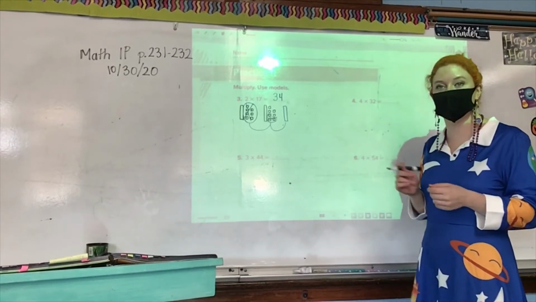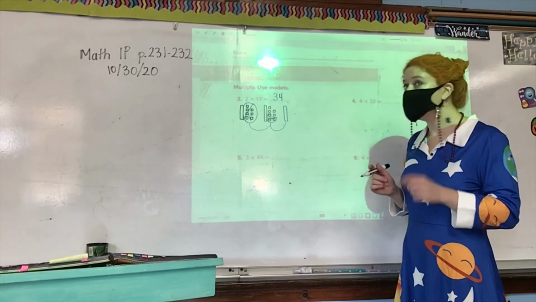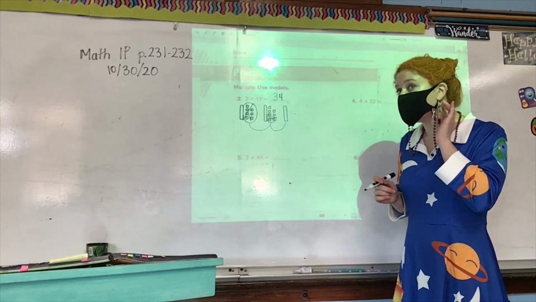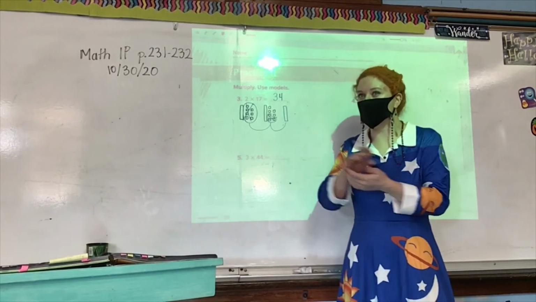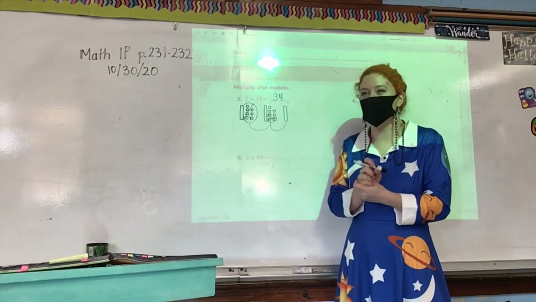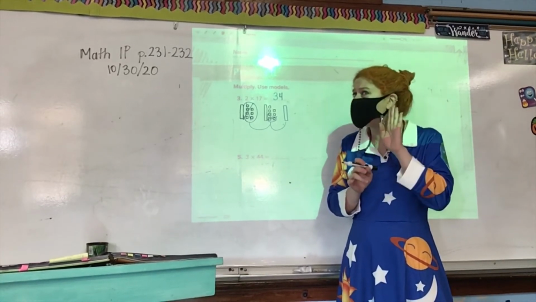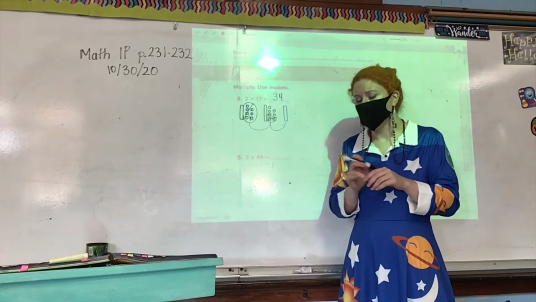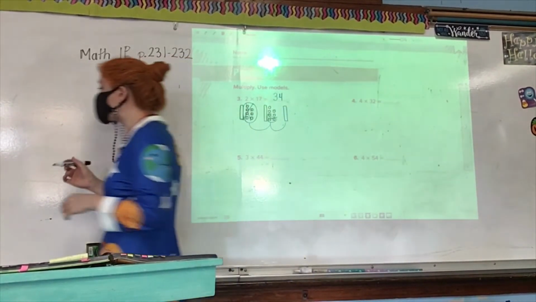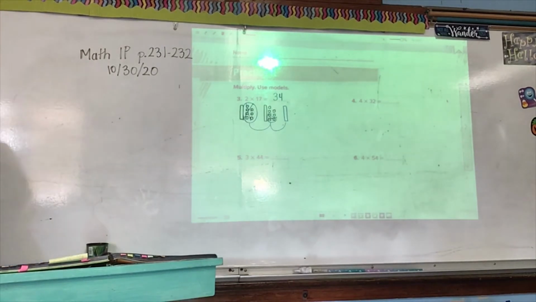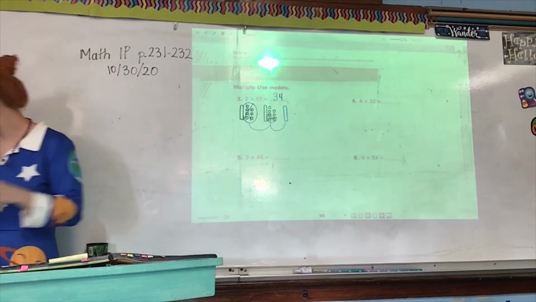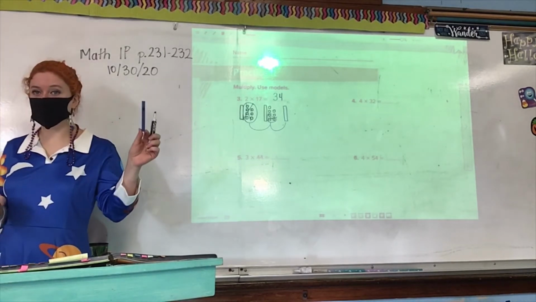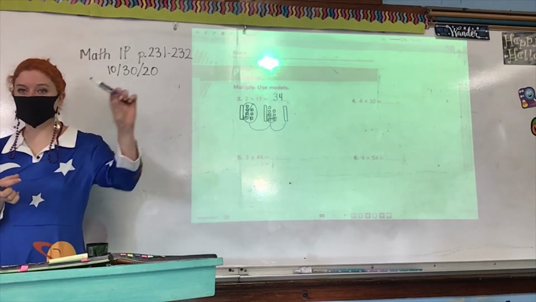How do we model 32? You do 3 base 10 blocks. 3 base 10 blocks could be any size. Which one do we do? 3 of what? Ethan, remember we have our base 10 blocks: the hundredths flat, the 10 rod, and the ones cube.